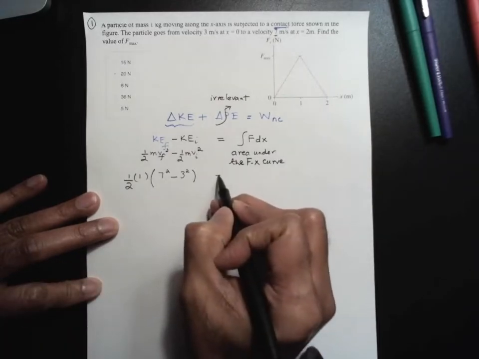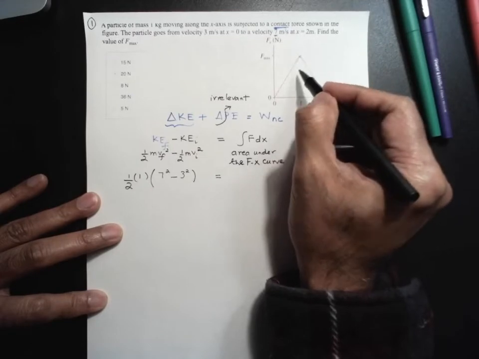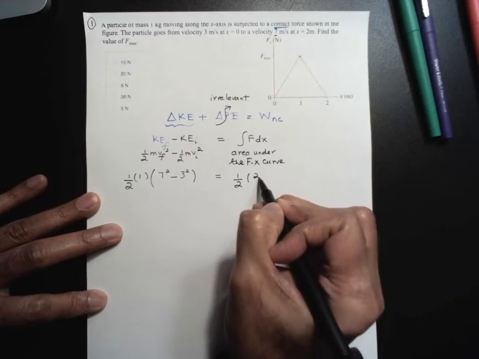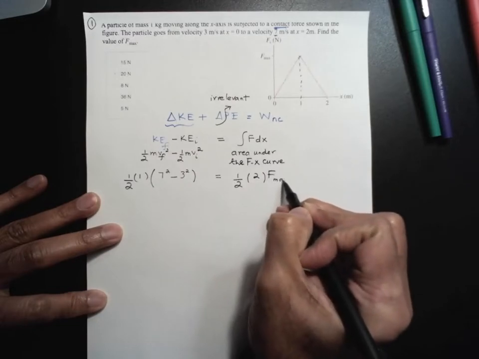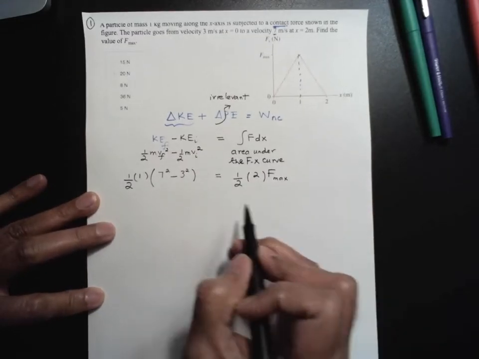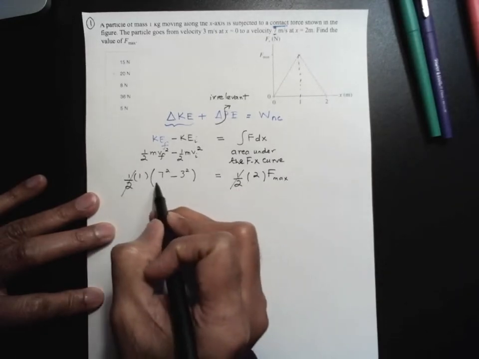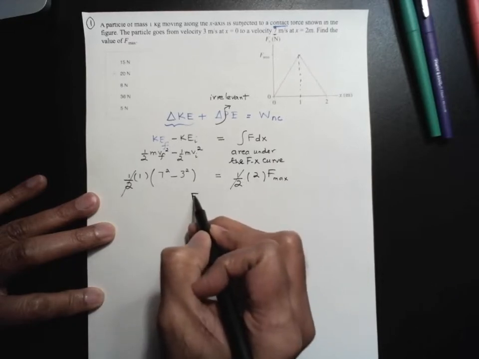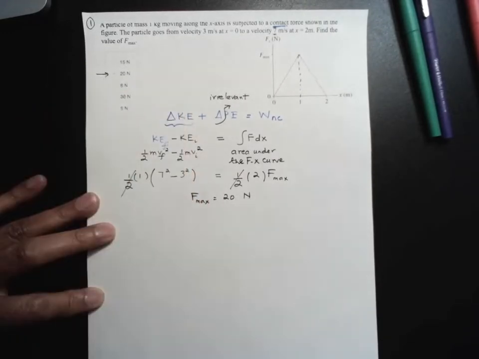And this is the area under the curve, which is just this triangle. That's 1/2 times the base times the height, which is F max. So I solve for this, and the half cancels on both sides. 49 minus 9, that's 40, divided by 2. So F max equals 20 newtons. That's how we get that answer, 20 newtons.